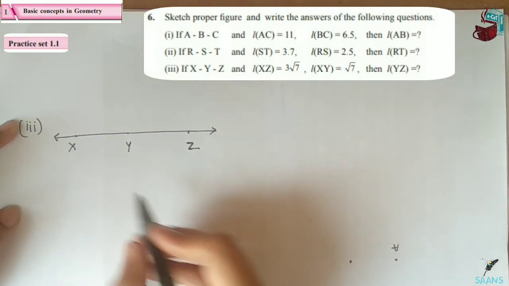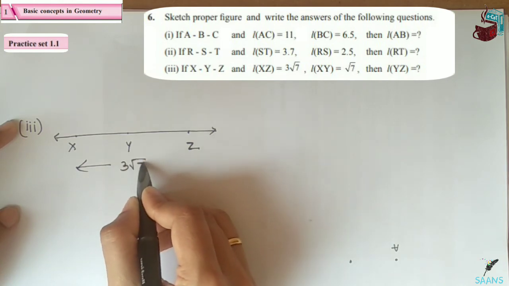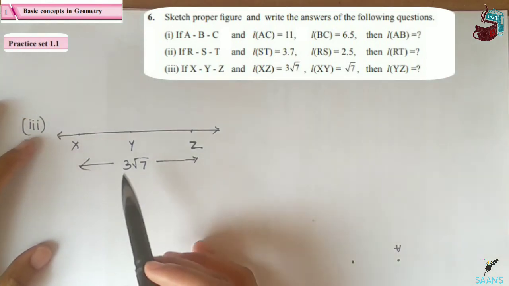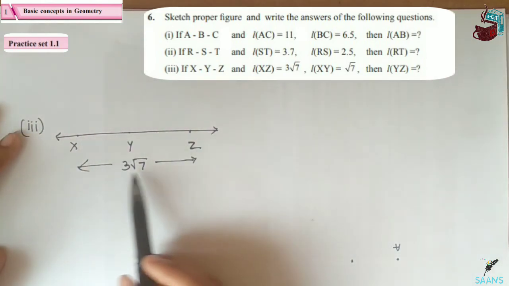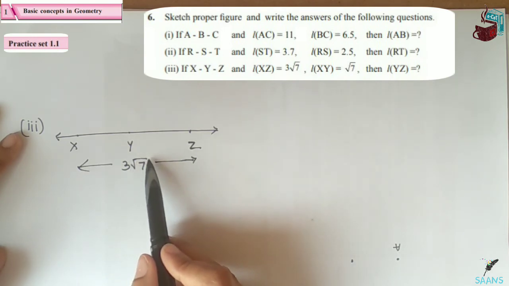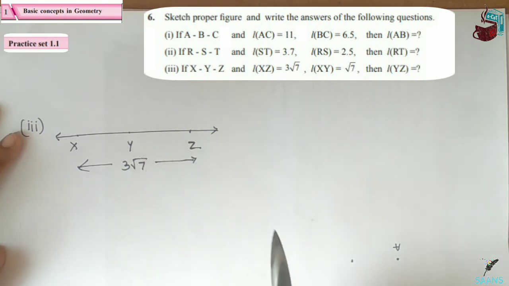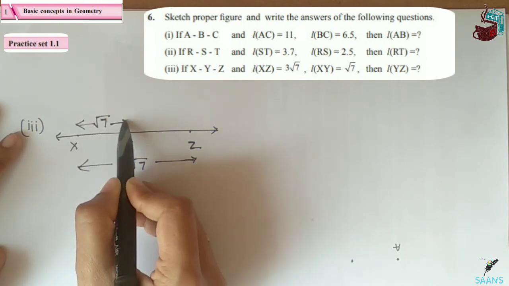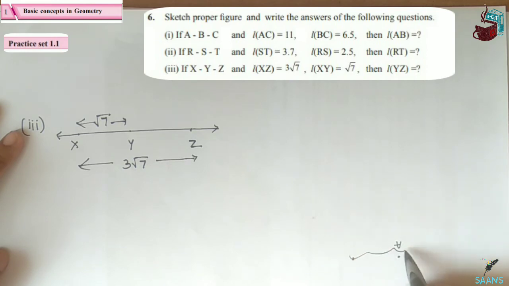Then XZ is equal to 3 root 7, 3 under root 7. Again for this also go to the Nuts and Bolts series, do the basics of surds once. Take this under root like x. Since it is 3 root 7, take it as 3x. Imagine this surd to be x as of now, so it will be easy for you to do. And distance XY is equal to only under root 7, that is x only. So how to solve this? And we have to find YZ.